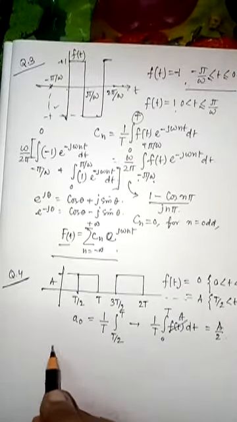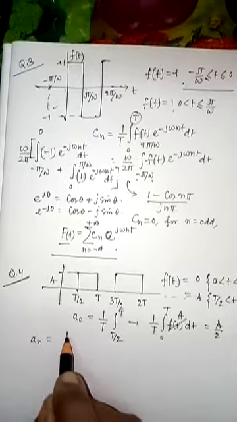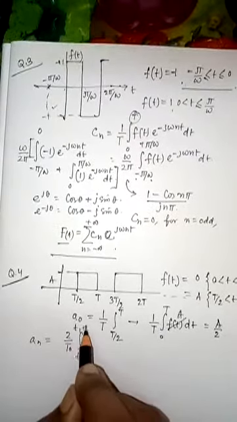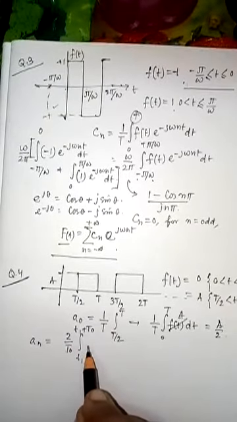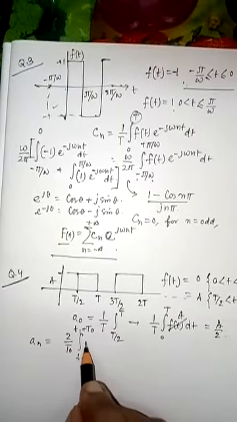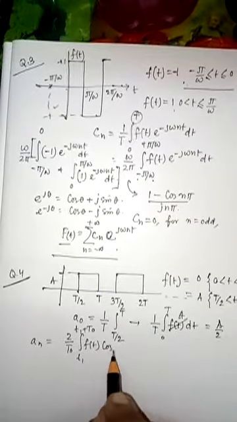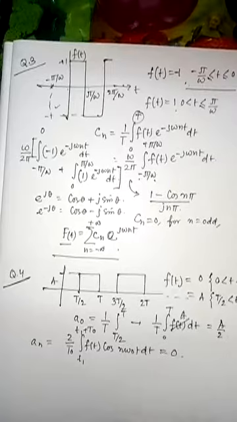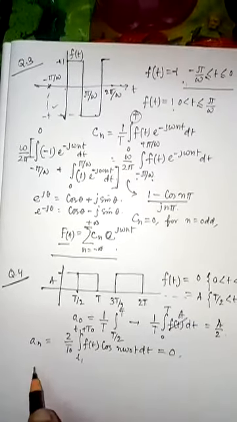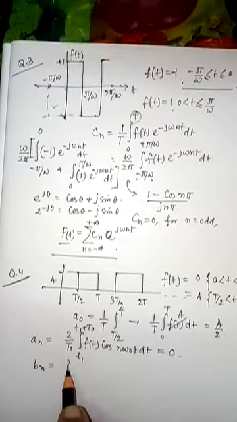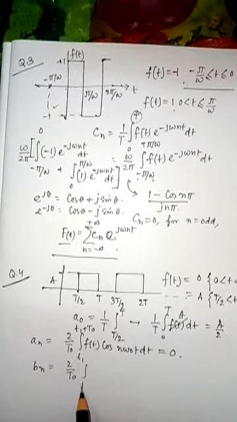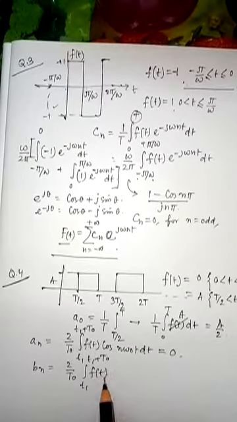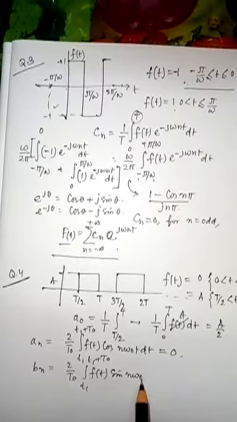For an, equals 2 by t0 integration of t1 to t1 plus t0, f t cos of n omega 0 t, it is simply 0. You can integrate it out. Now if you are finding Bn, the same formula, 2 by t0, t1 to t1 plus t0, f t sine of n omega 0 t dt.